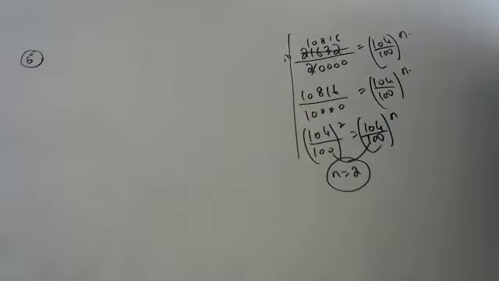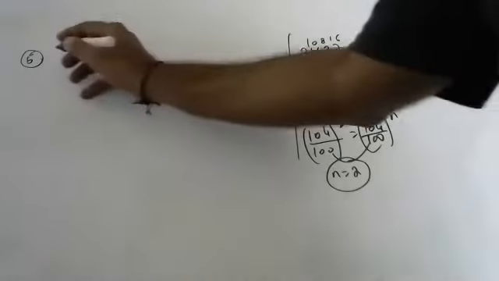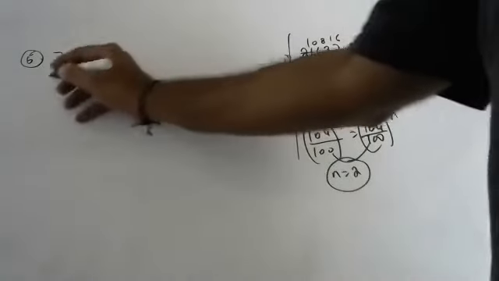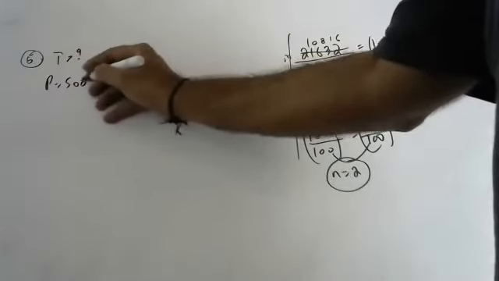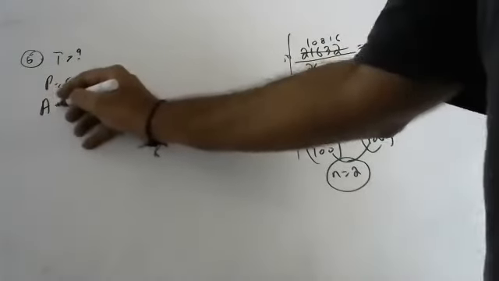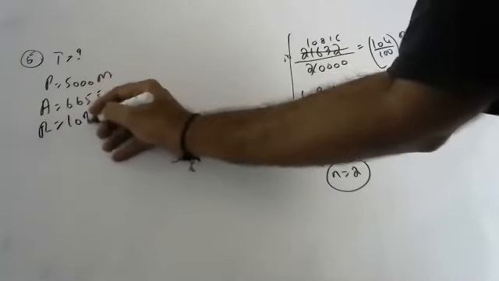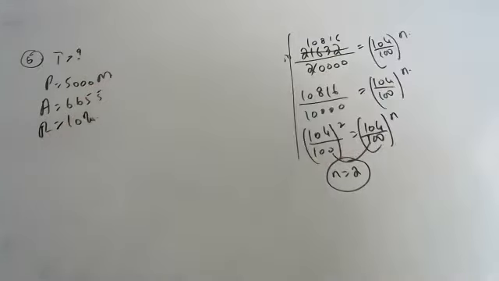Okay, next, Sujit. Sujit, are you there? Yes, sir. In how much time would rupees 5,000 amount to 6655 at the rate of 10% per annum compound interest?